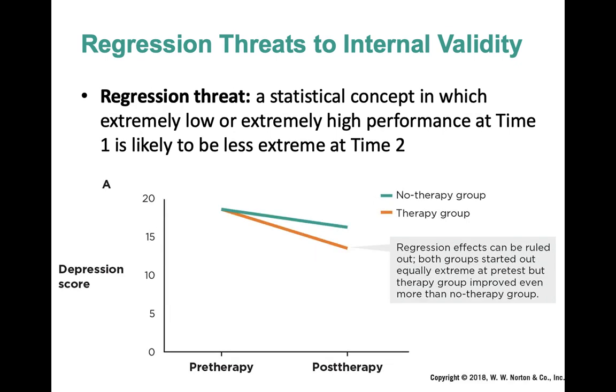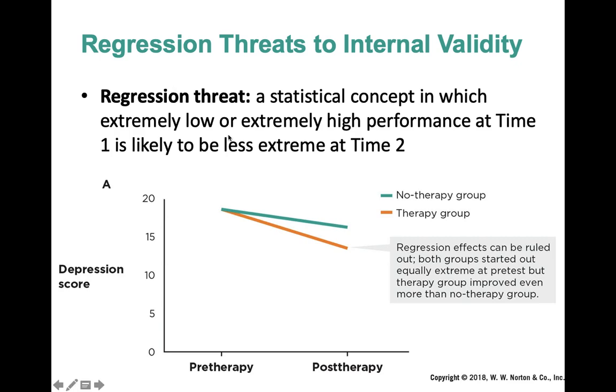What about this result? This result, we see that there could be somewhat of a regression effect here, but that can't entirely account for the results. So in this graph, what we see is that both groups have similar levels of depression at the pretest, but the therapy group had even lower levels of depression at the post-test than the no therapy group.